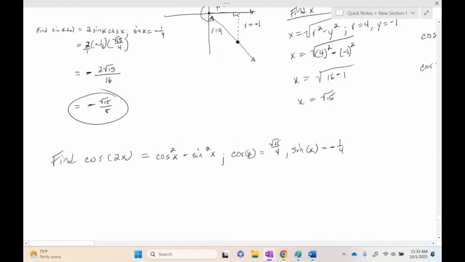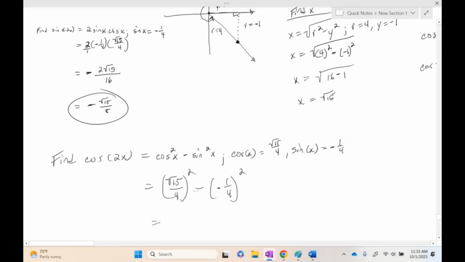So notice now, I didn't write cosine squared, I just wrote cosine. When we square it, we simply take that cosine value, the square root of 15 over 4, and we're going to square that. Now that gives us cosine squared. Minus the sine is negative 1/4 squared.